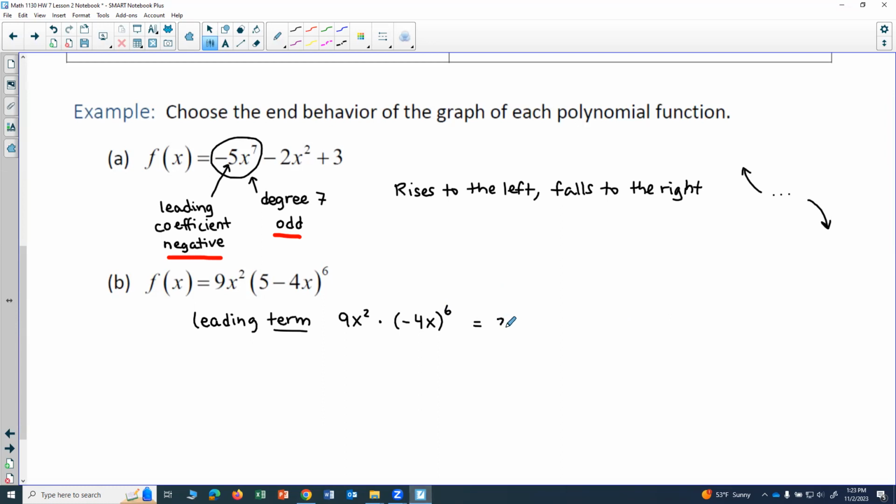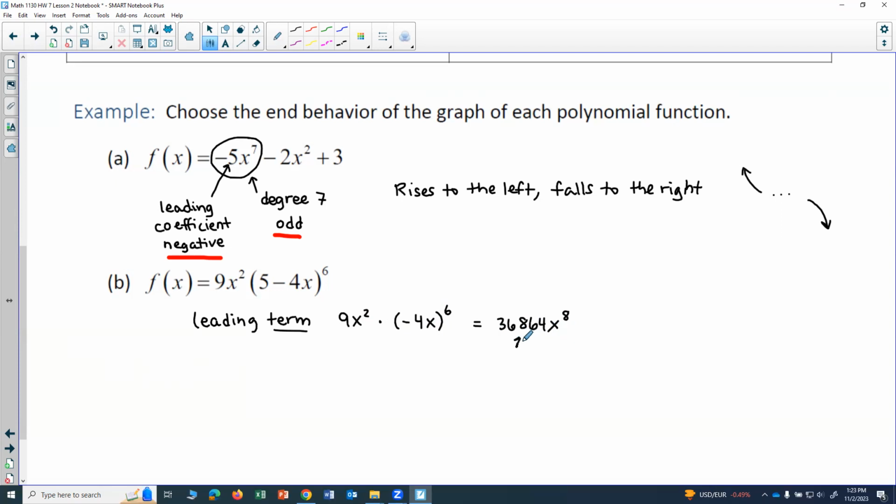So I have 36,864 x, add the exponents because I have the same base of x. So 2 plus 6 is 8. So this is the leading term.